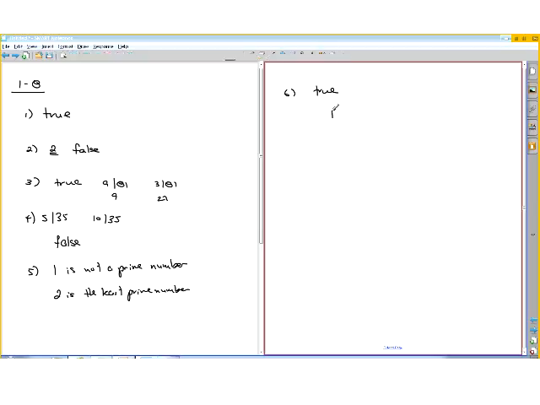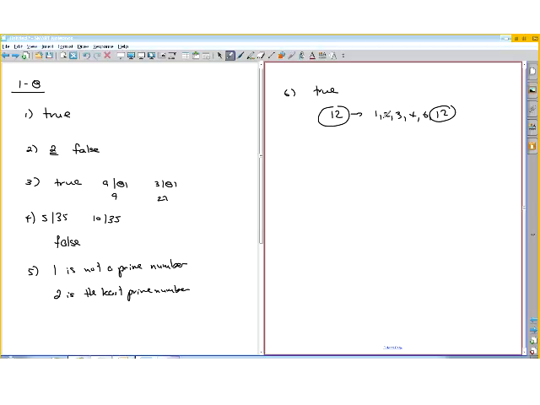If you were saying, here's the number 12, what are the factors of 12? The factors would be 1, 2, 3, 4, 6, and 12. Why is it so? Because 12 divided by 1 is 12, 12 divided by 2 is 6, 12 divided by 3 is 4, 12 divided by 4 is 3, 12 divided by 6 is 2, and 12 divided by 12 is 1. So these are the factors, and you can see that the number is a factor of itself.